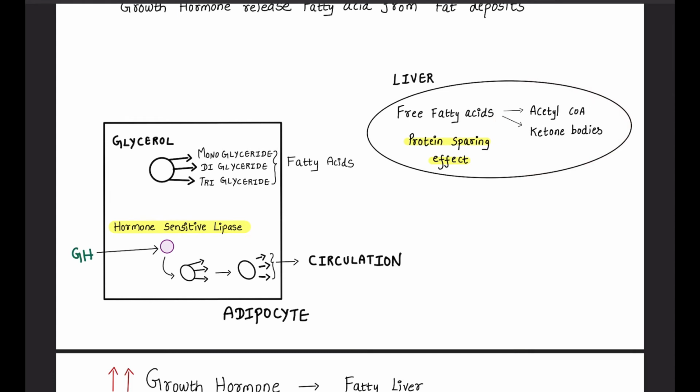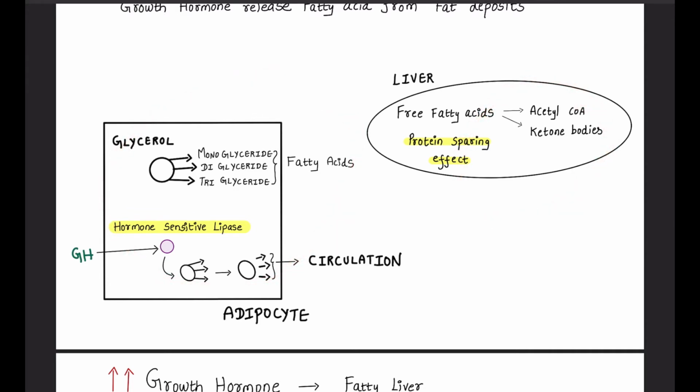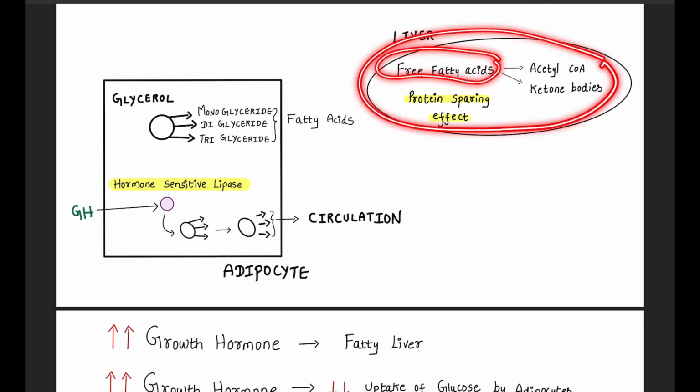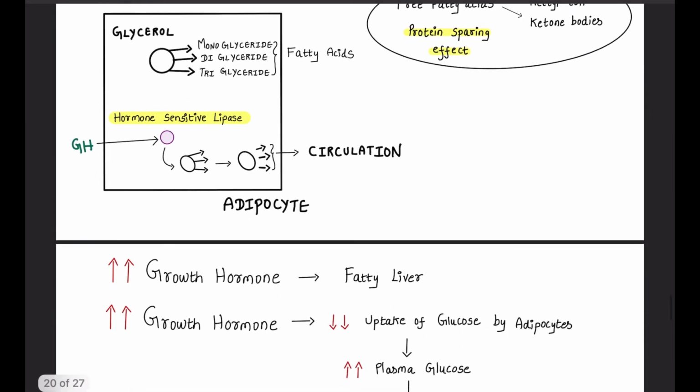That means there will be more fuel or more energy for the body, but that is of no use because it cannot be taken up by the adipocyte tissue cell as a fuel. Also know that whenever free fatty acids are deposited in the liver in excess amounts, it can lead to another clinical condition called fatty liver.